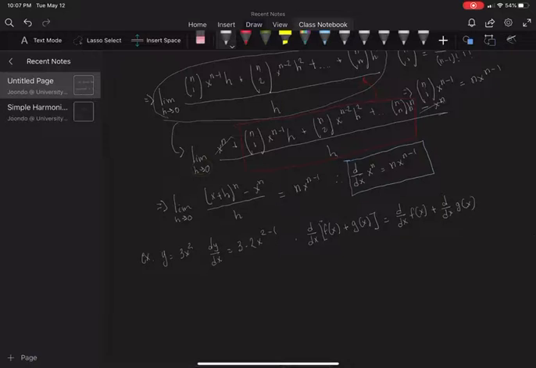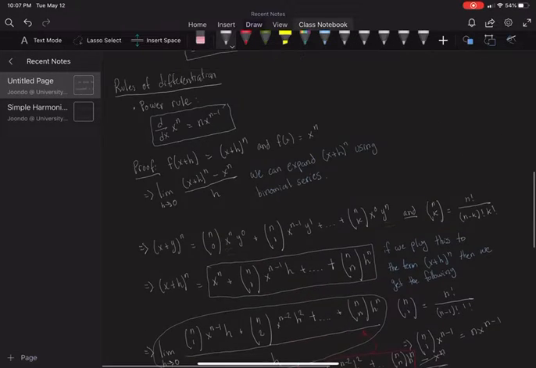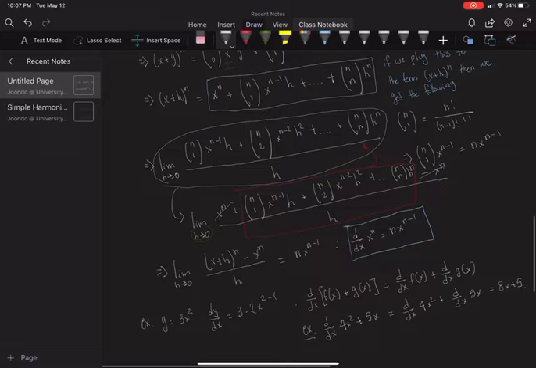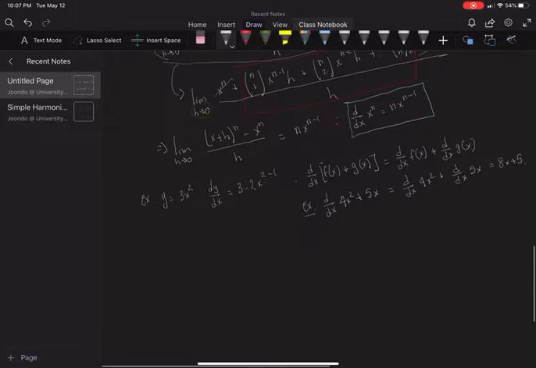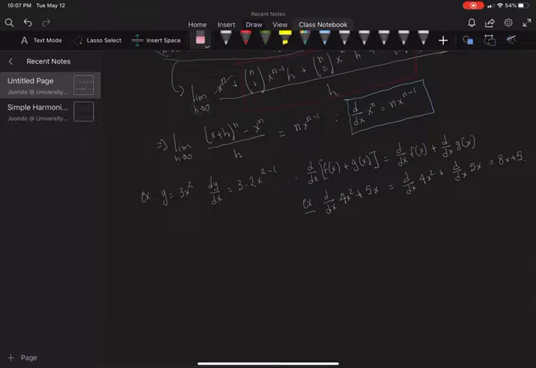So an example of this is the following. The derivative of 4x squared plus 5x, suppose, is going to be the derivative of 4x squared plus the derivative of 5x, which is going to be 8x plus 5. Alright? So this is about the power rule.